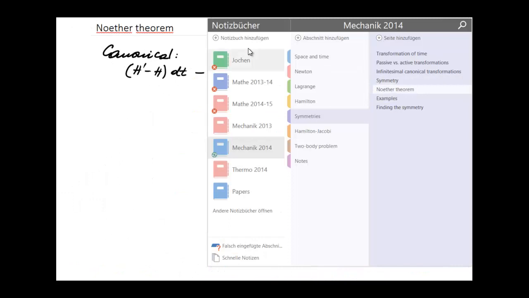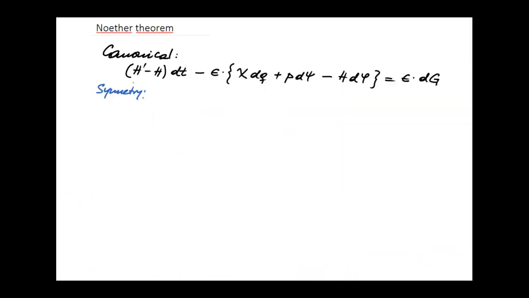So by symmetry, we can replace this term here by epsilon times dh over dq psi dt plus dh over dp chi dt plus dh over dt phi dt. This is what symmetry tells us.